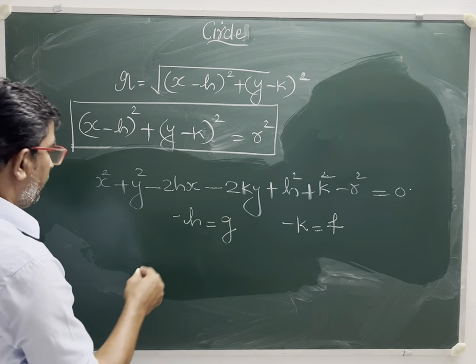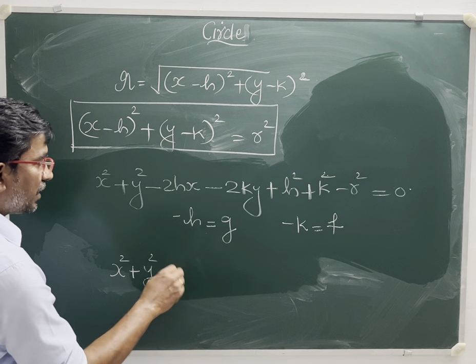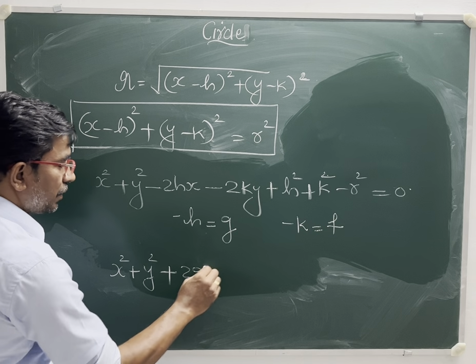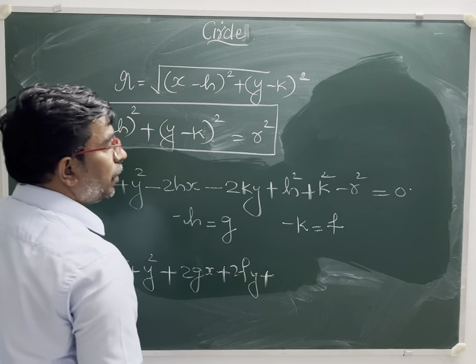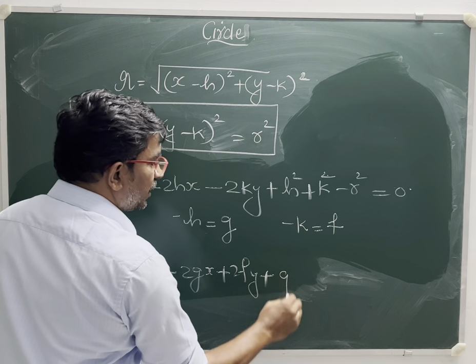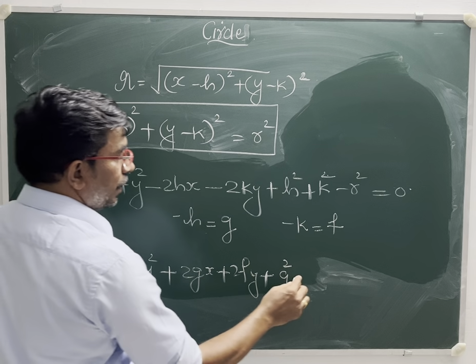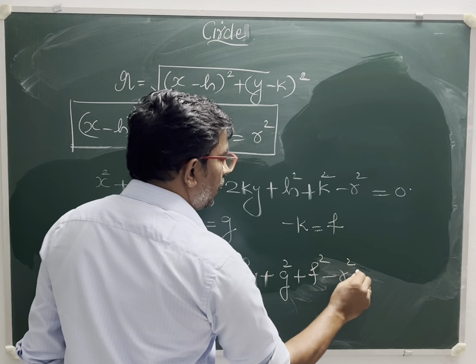So this equation will become x square plus y square plus 2gx plus 2fy plus, now this will become g square plus f square minus r square equal to 0.